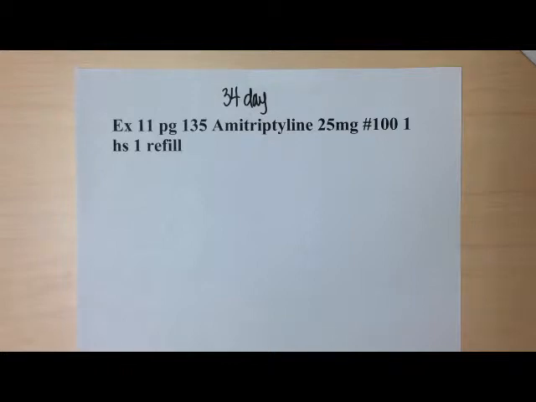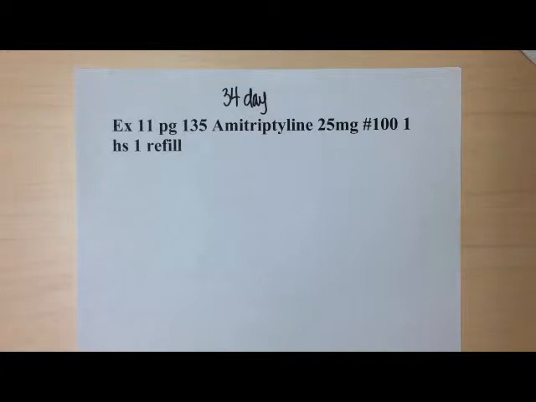So this is an example taken from page 135, number 11, amitriptyline, 25 milligrams, which is an older type antidepressant, and we have 100 tablets that are prescribed. The dosing is 1 HS, or 1 at bedtime, and there's 1 refill.